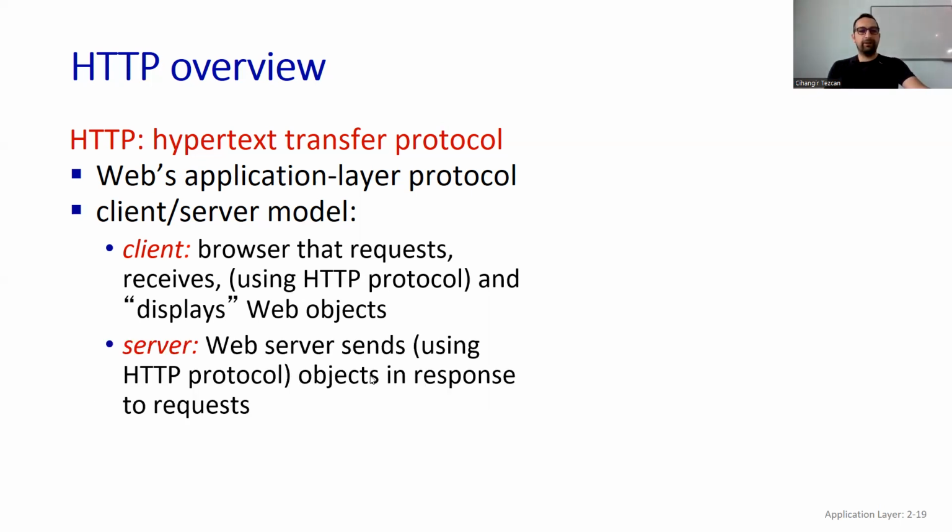At the server side, the web server sends objects using the HTTP protocol in response to requests. So at the client side, you use browsers, but at the server side, you use a server application, most probably Apache. More than 50% of the world uses it as the server, so it would be nice if you were familiar with the Apache server.